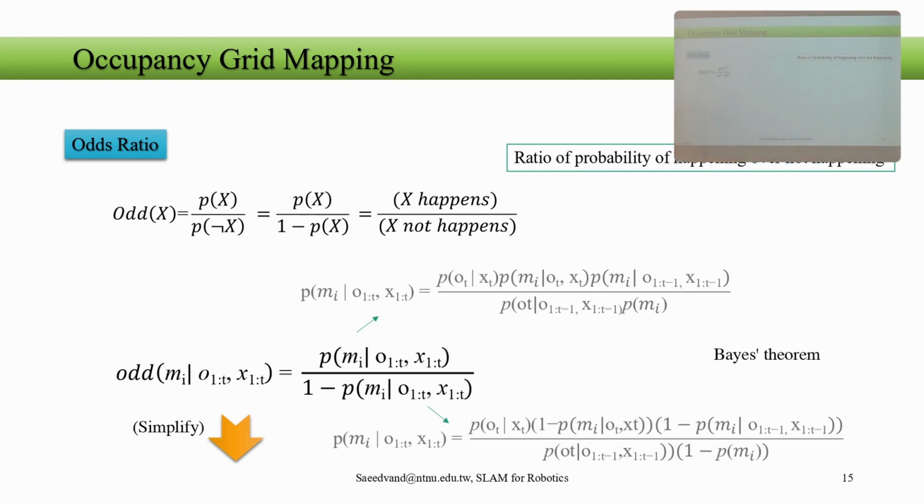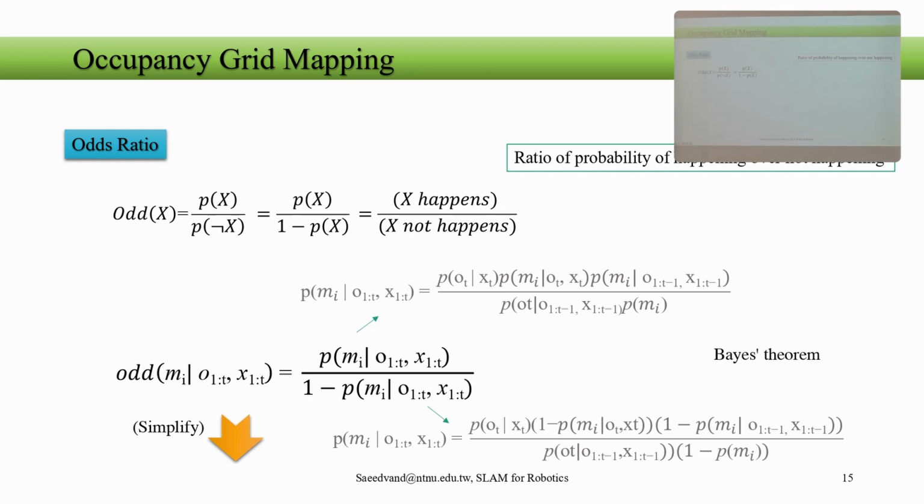So how does it look? Let's have a look. First of all, we can present the odd of x as the probability of x over the probability of not x. So the probability of one event happening over the probability of that event not happening.